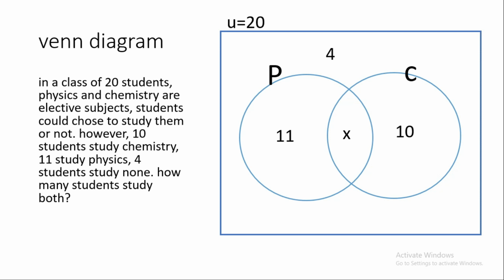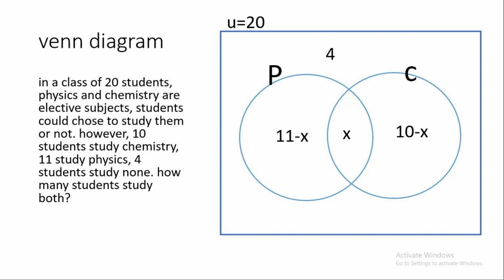Now since inside this P, this value 11 and 10, we have those that study both, why don't we subtract them so that we can know those that study purely chemistry and purely physics? So we have to subtract x from those numbers. So 11 minus x and 10 minus x.